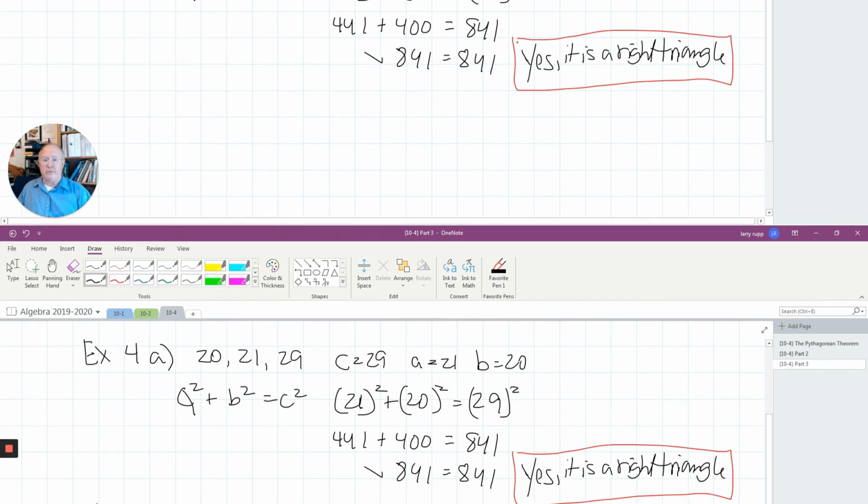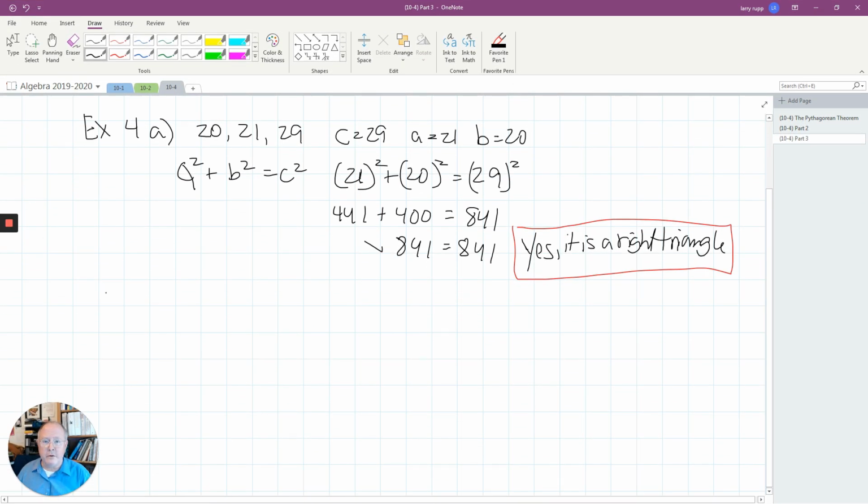Okay, we'll do another example. Let's do example 4b. That says these three numbers, 8, 10, and 12. Find out whether those constitute a Pythagorean triple. The longest side is 12. Therefore, we let a equal 8 and b equal 10. Again, c squared is equal to a squared plus b squared.